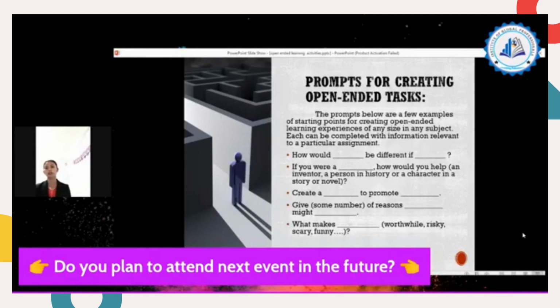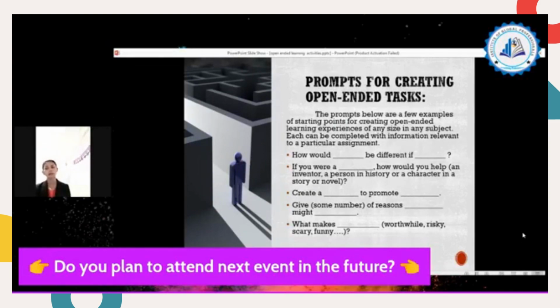Okay, so these prompts below are a few examples of starting points, or a few examples of the sentences you're going to use for creating open-ended learning experiences of any size in any subject. Each can be completed with information relevant to a particular assignment. So, how would blank be different if blank? So, these are the prompts, or how you're going to begin your sentence to get an open-ended task. That will be the first.